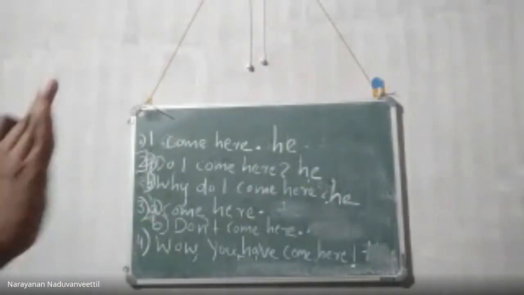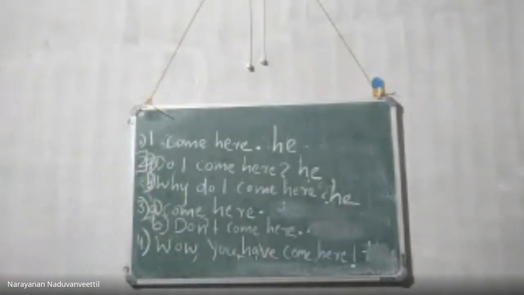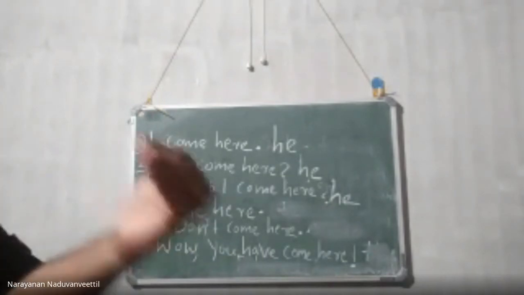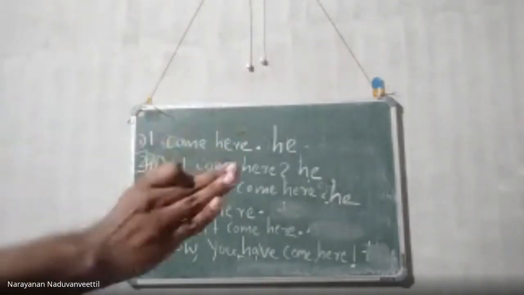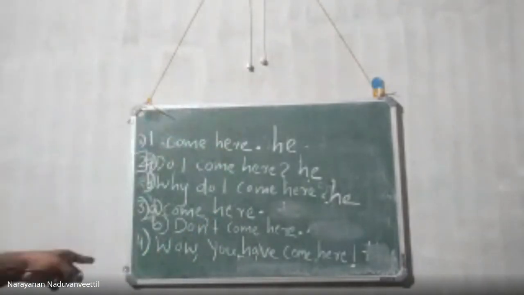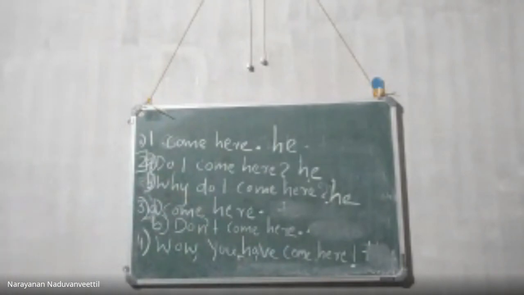So that part is blank. Same in the B section also. "Don't come here." You cannot find a subject in the imperative sentence. So that task is free for you. You have to write Rohan ordered Rahul not to wait. I will tell you what you have to do; in this section, nothing to do.